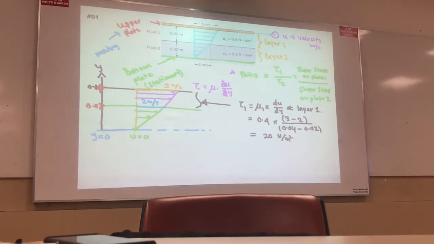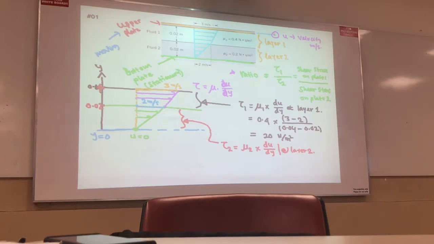Right? Now I am looking at layer number 2. At layer number 2, I can get tau 2, right? Mu 2 times du by dy at layer 2, right? At layer 2.